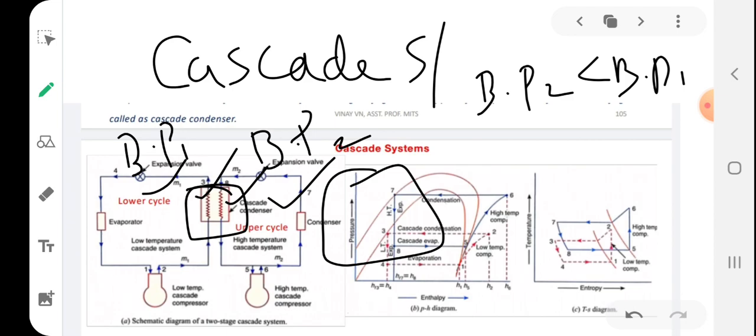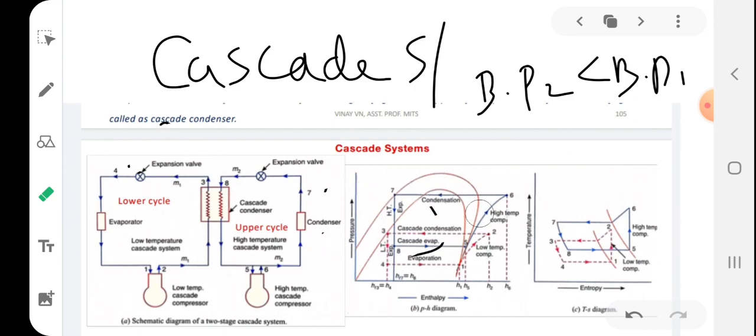The component where the heat of condensation of the lower stage refrigerant is supplied. So here the heat of condensation in the lower cycle is rejected. That rejected heat of condensation will be absorbed by the refrigerant of the second stage as heat of evaporation.